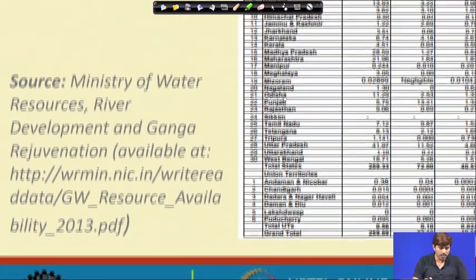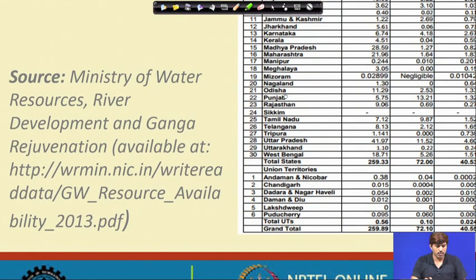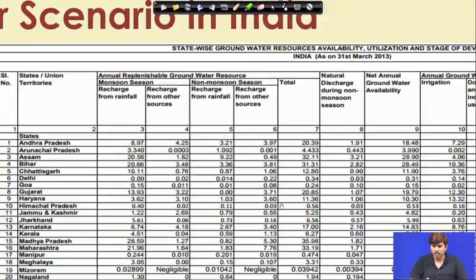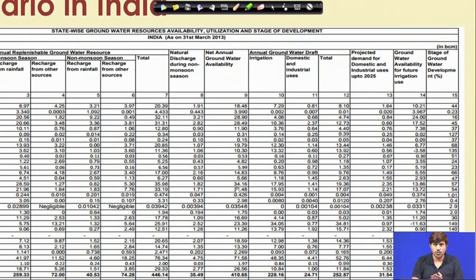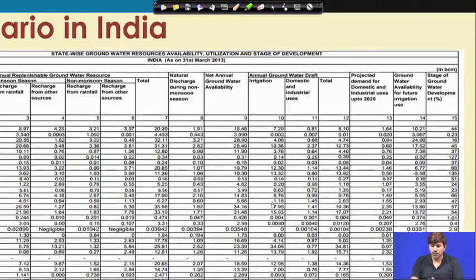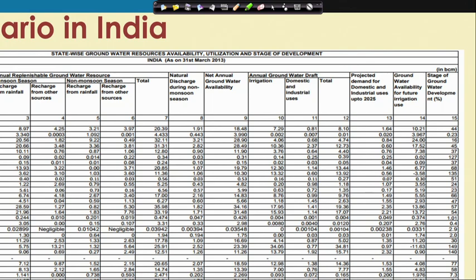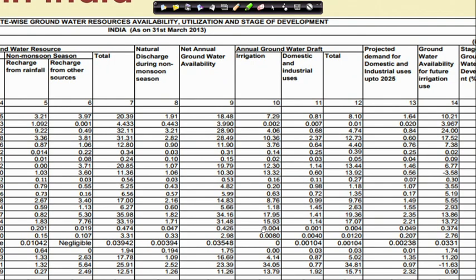This data is from the Ministry of Water Resources, available on the ministry's website, updated as on 31st March 2013. It tells about the annual replenishable groundwater resources in monsoon and non-monsoon seasons, the total amount, the natural discharge during the non-monsoon season, net annual groundwater availability, and annual groundwater draft, including draft from irrigation, domestic and industrial uses, and the total.